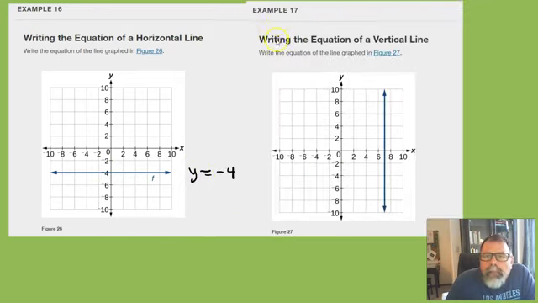All right, in example 17, write an equation of the vertical line. Again, you just have to remember, if it's a vertical line, it's x equals whatever the x value is that the line's going through. The x value for all the points of this line would be 7. So x equals 7.